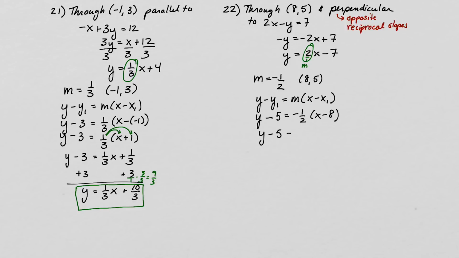So y minus 5 is going to be negative 1/2 x. Negative 1/2 times negative 8, negative times negative would be positive. 1/2 times 8 is 4. And then I'm going to add 5 to both sides. So y is going to be negative 1/2 x plus 9.